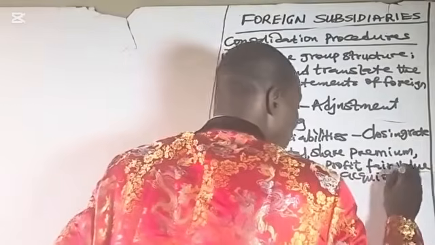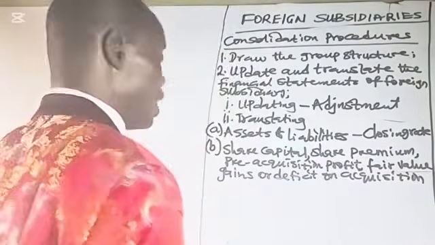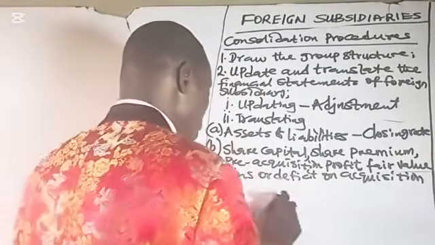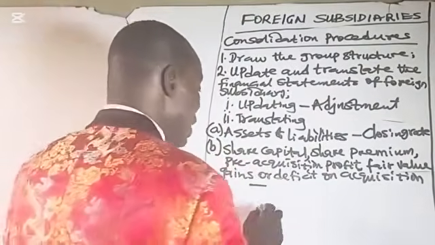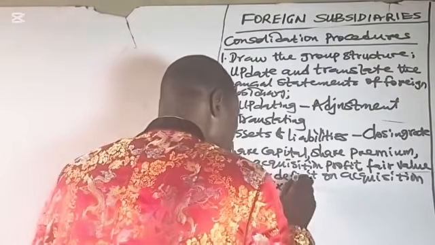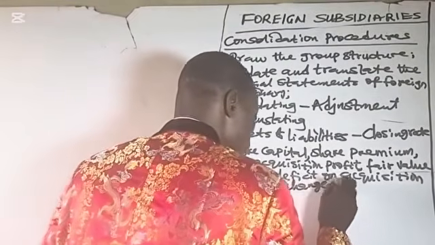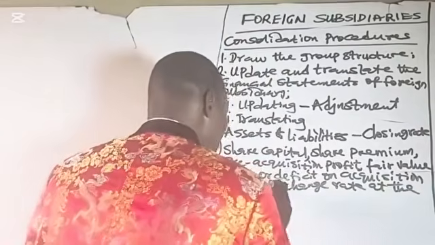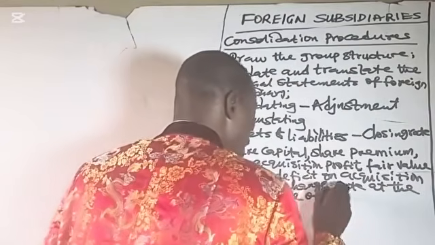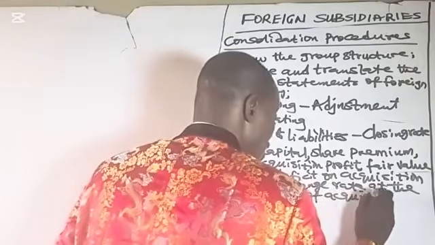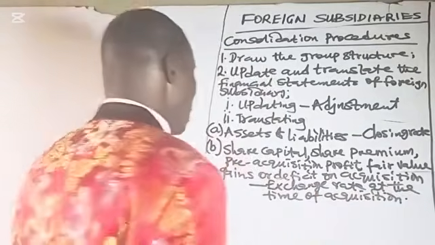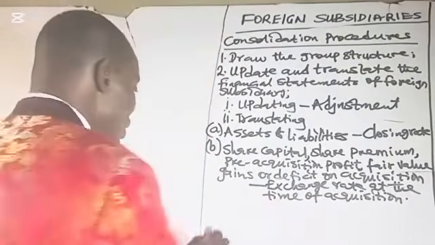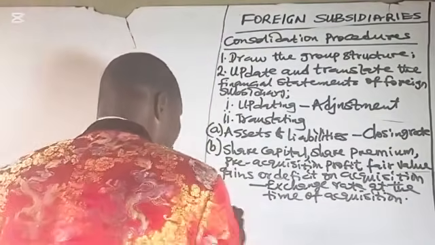Fair value gains or deficit that arises on acquisition, or at the date of acquisition, you translate at the exchange rate at the time of acquisition, or the exchange rate at the date of acquisition.